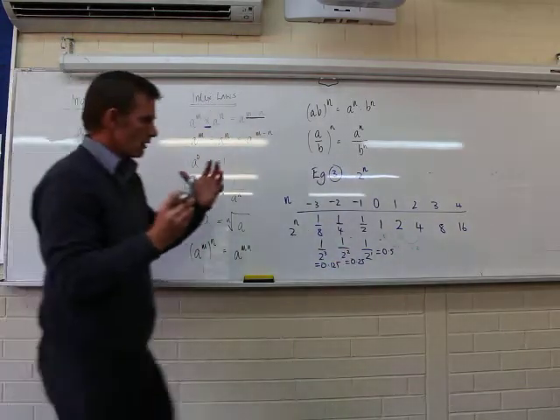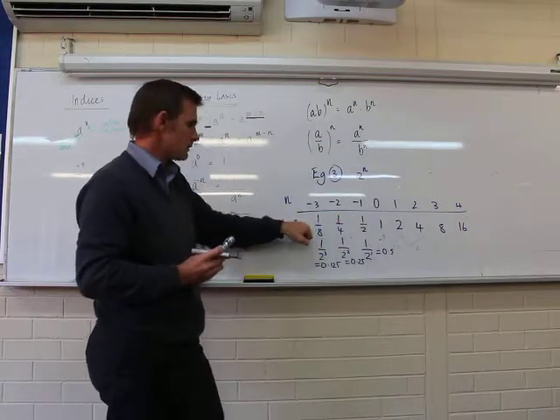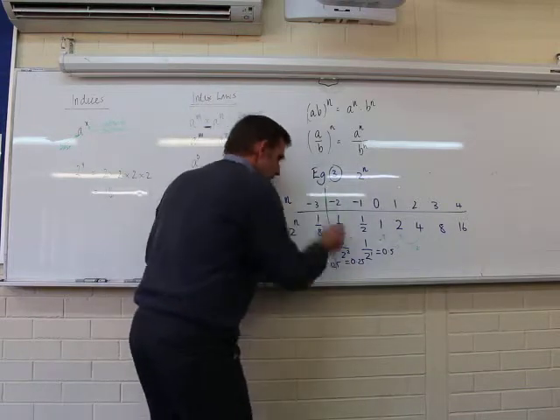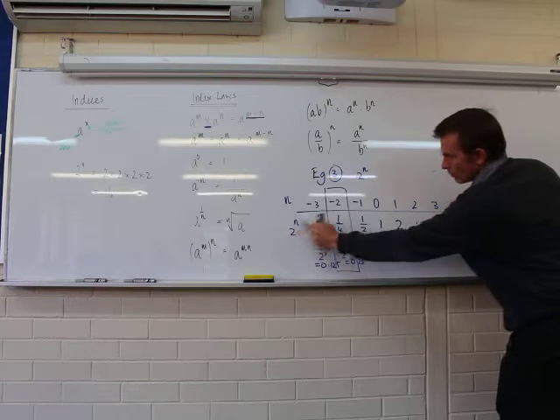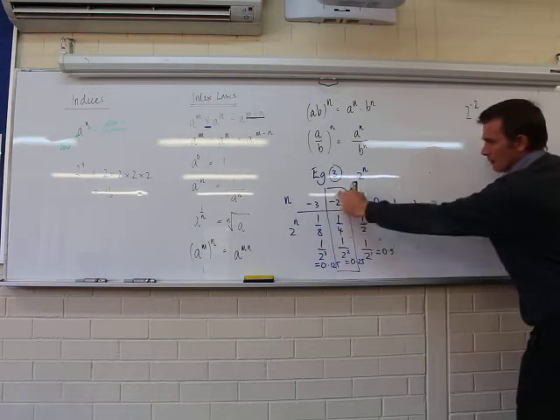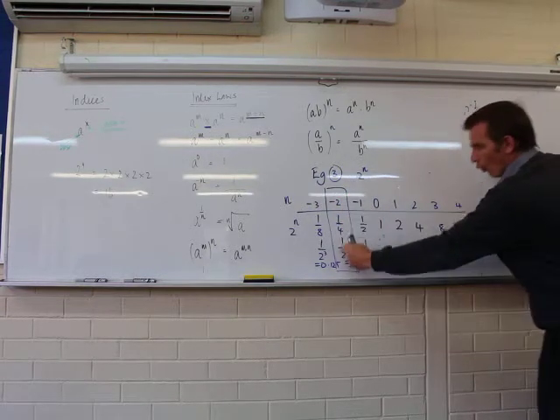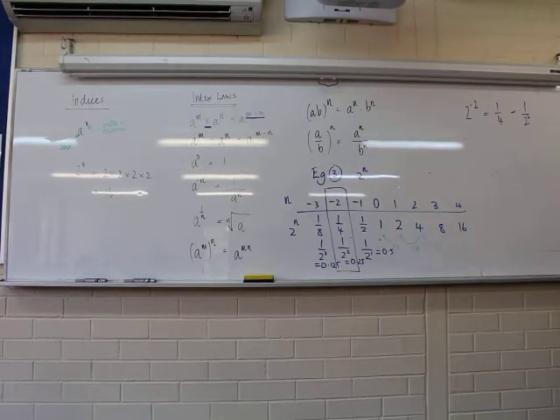So what I'm recognising is, following the pattern coming back this way, I can get these fractions. And then if I take one out, let me just take this one. What I'm finding here is 2 to the power of negative 2, I'm just reading that from here, is equal to 1/4 or equal to 1 over 2 squared.